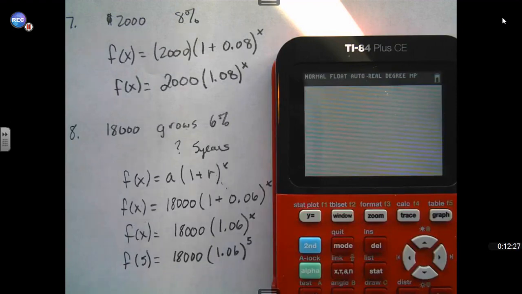But what I've shown you with your TI-30s is do the 1.06, and you can put that in parentheses if you want to. 1.06 in parentheses, and then raise it to the 5th power, okay, and hit enter, and then multiply that by 18,000.